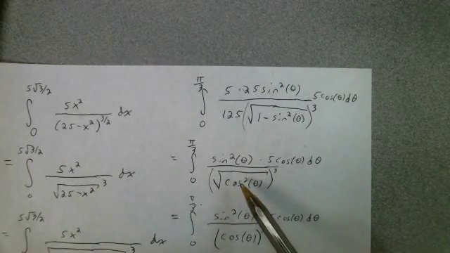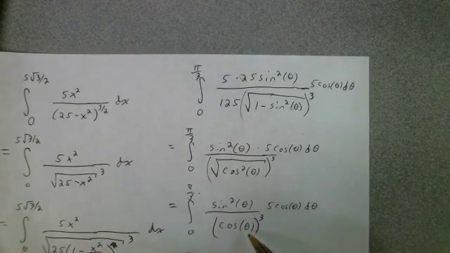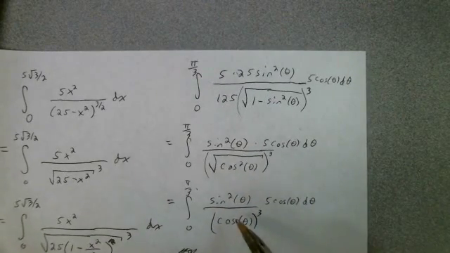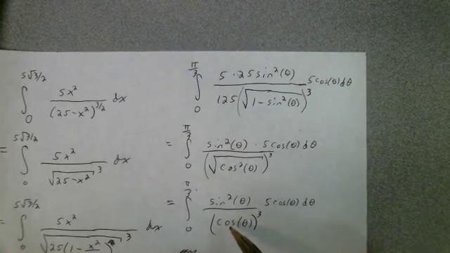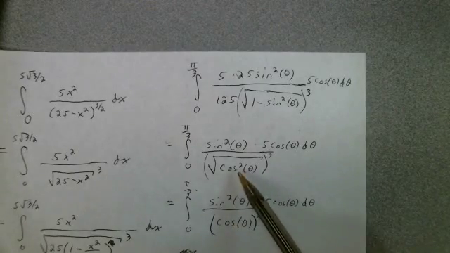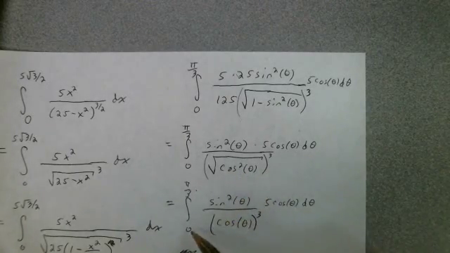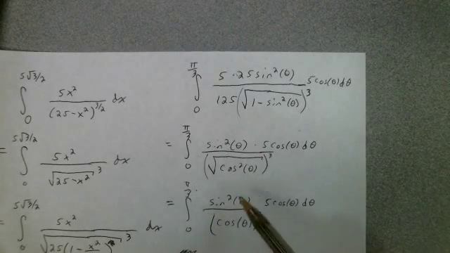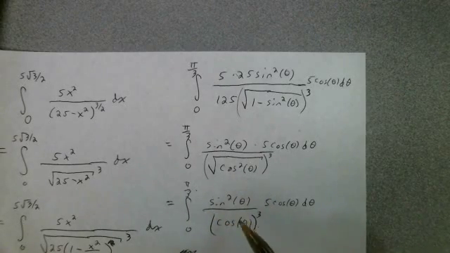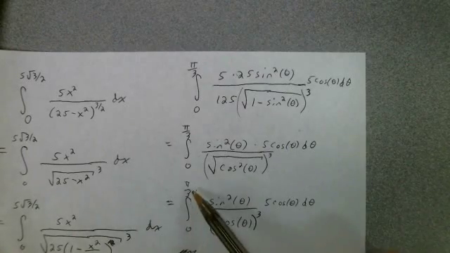Square root of cosine squared will end up being absolute value of cosine, but I'm not going to need absolute values. We can see that by looking at the bounds this time. Square root of cosine squared will be cosine because cosine is positive on the interval from 0 to pi over 3.